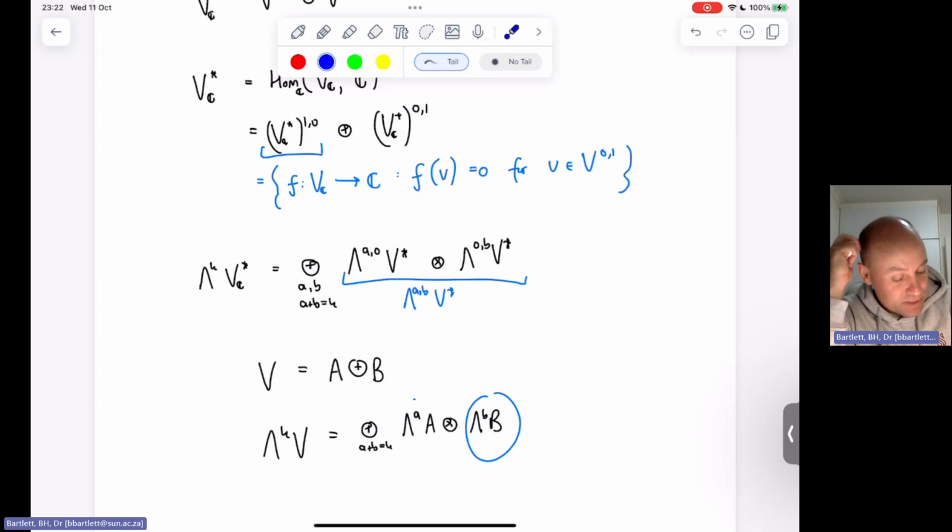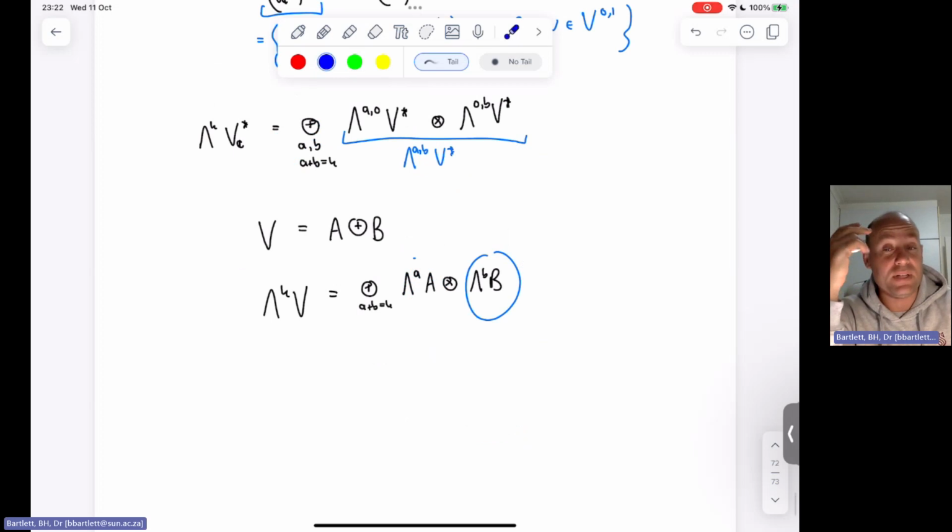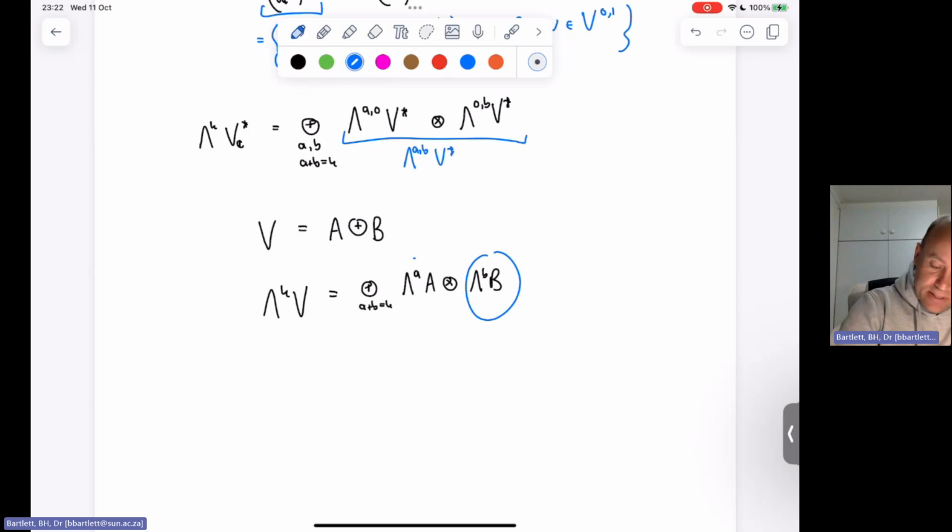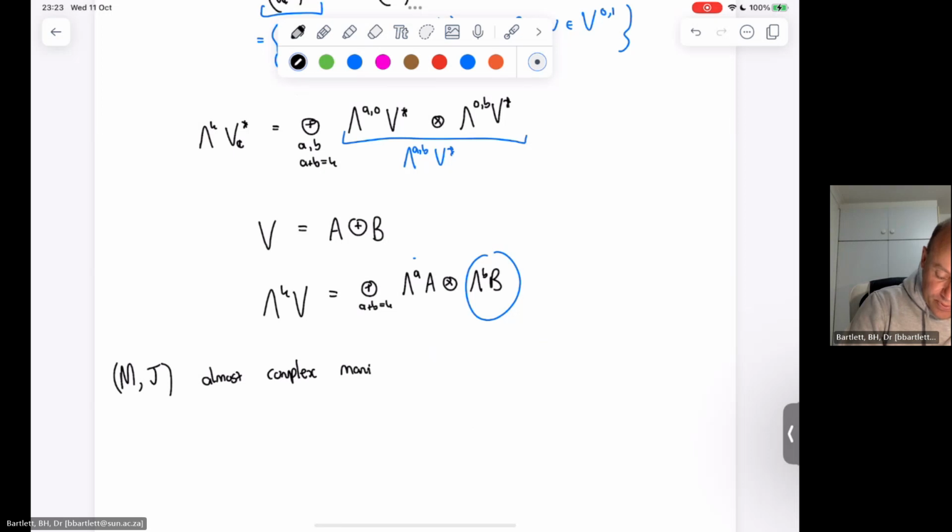And that means it's going to hold, because a complex manifold, or even an almost complex manifold, has this map J. So if M is an almost complex manifold, that means that each tangent space TPM has this J operator, which squares to the identity.